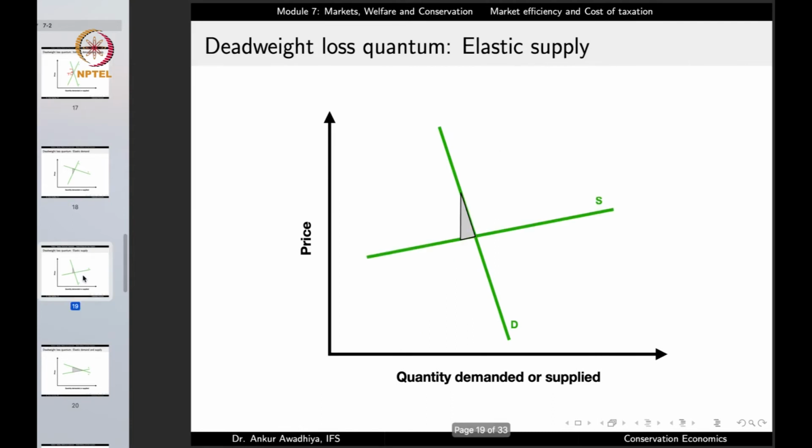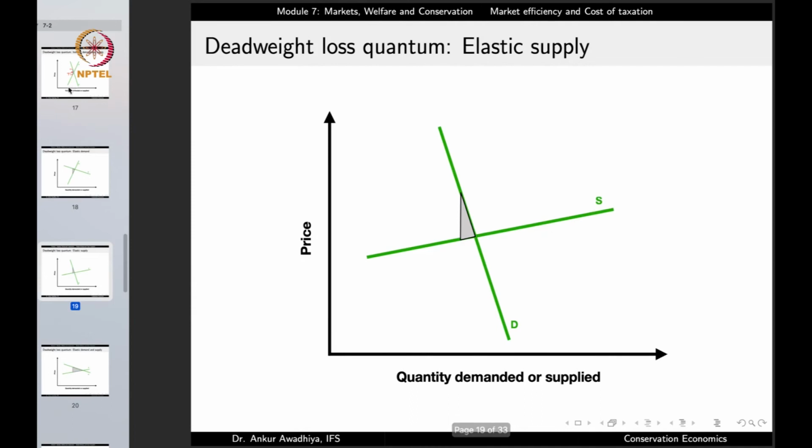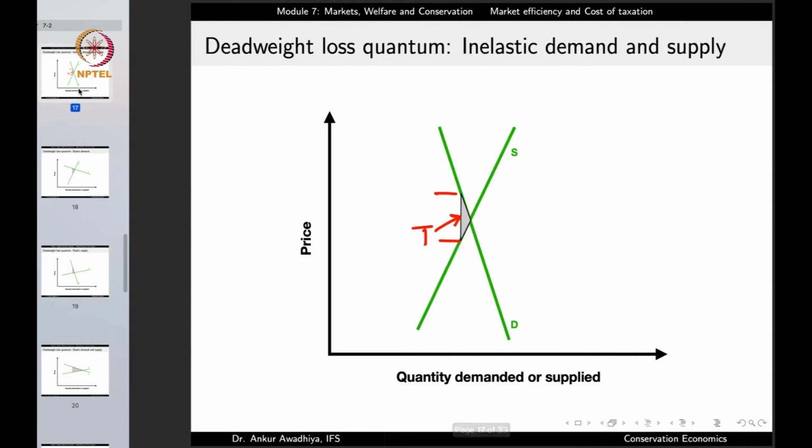Similarly, if we keep the demand curve the same, but we make the supply curve elastic, then also we start to observe that the deadweight losses have increased as compared to these curves where we have an inelastic demand and supply.